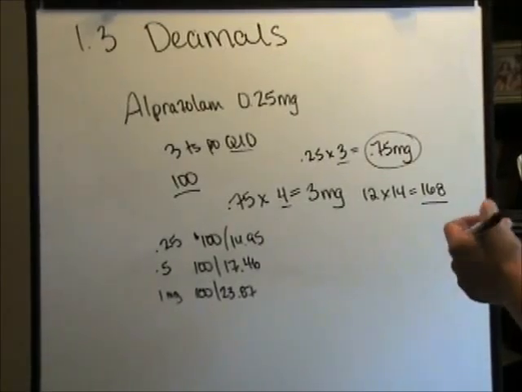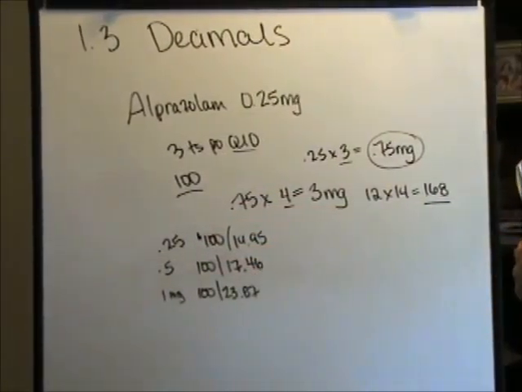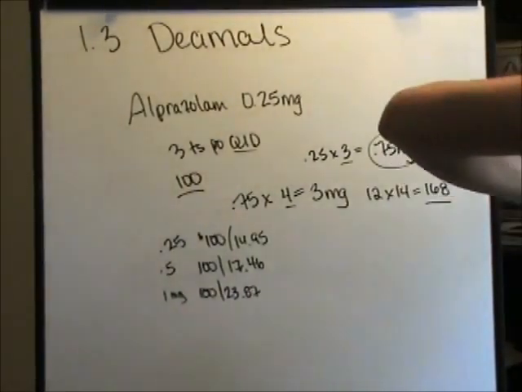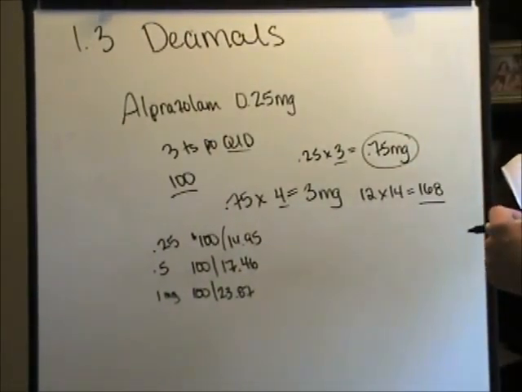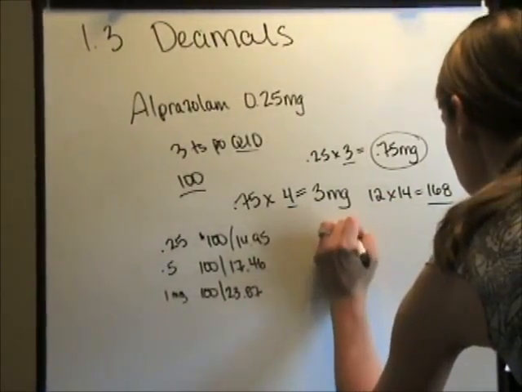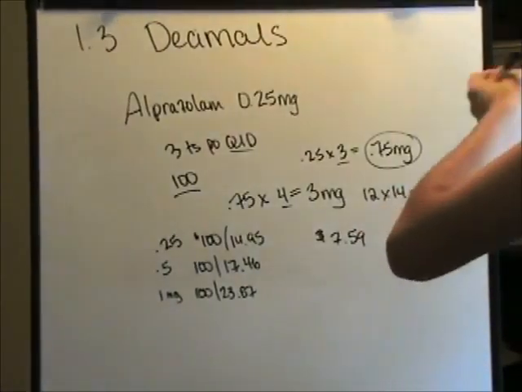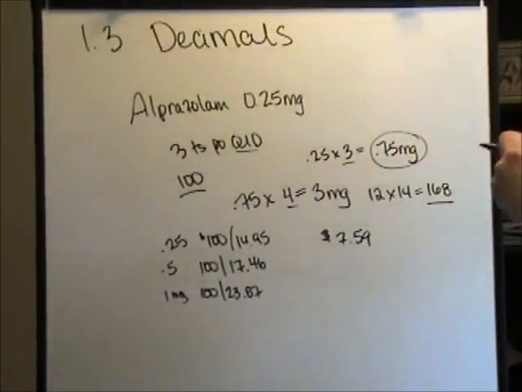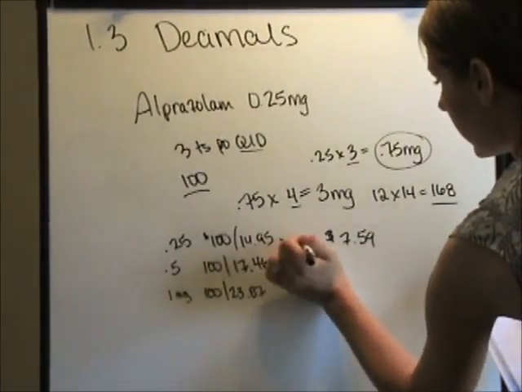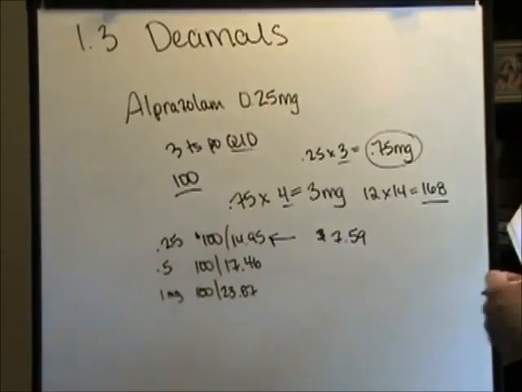Based on the prescription provided, the pharmacy can only dispense 100 tablets. Okay, so the pharmacy plans to charge a base cost of $7.59 plus the cost of the medication. They need 100 tablets, so looking at what we have and looking at what the dose is, we are wanting to give them this one.